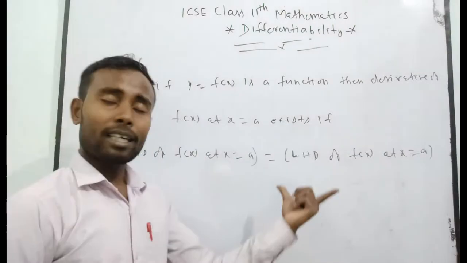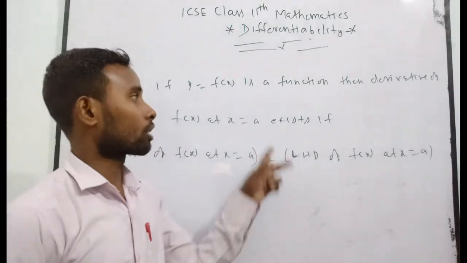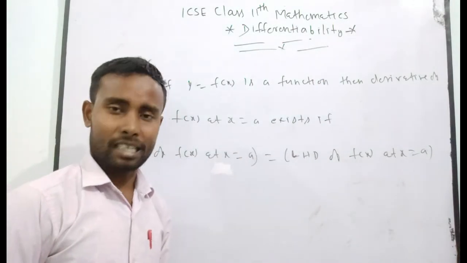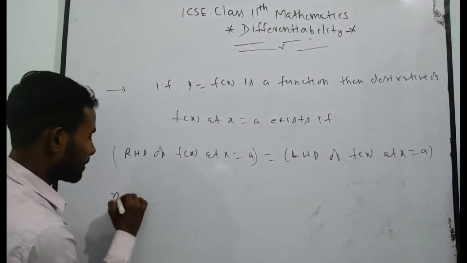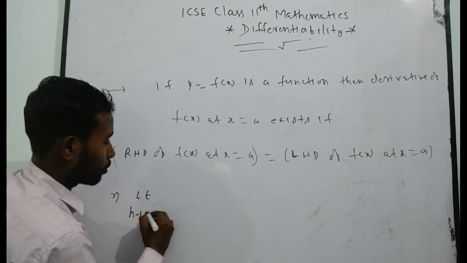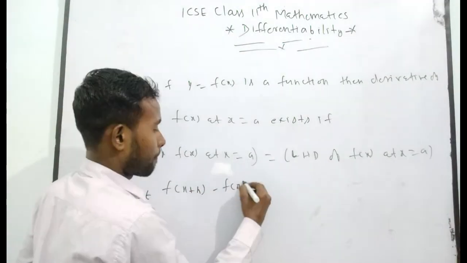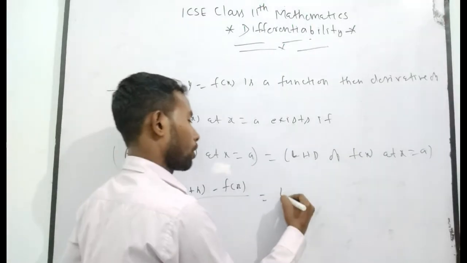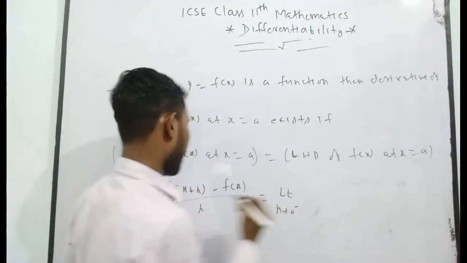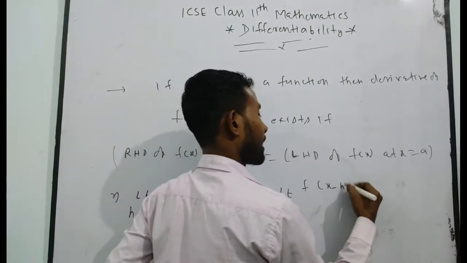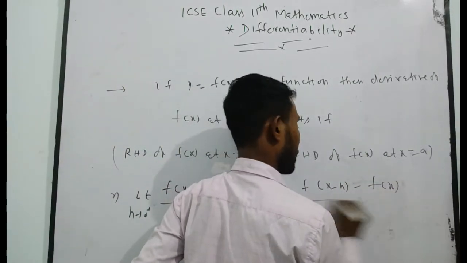If LHD and RHD both are the same, then you can say the derivative of the given function exists. RHD means limit h tends to 0 of f(x plus h) minus f(x) divided by h, and LHD is limit h tends to 0 of f(x minus h) minus f(x) divided by minus h.